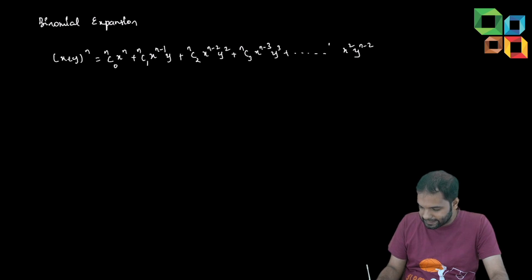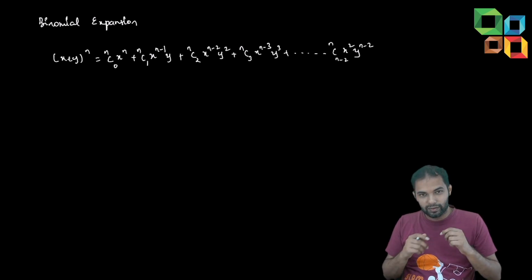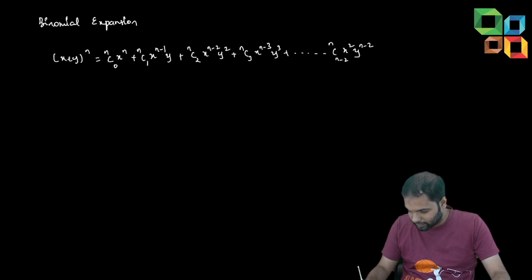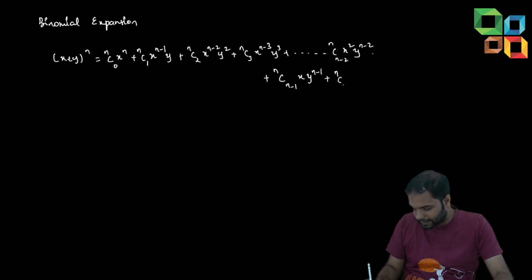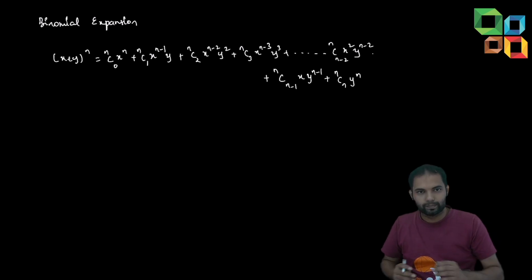It's nCn minus 2, because out of the n y's, I have to choose n minus 2. You can guess the next term. Next term, I'll write it down: nC(n minus 1) x into y power n minus 1. And the last term, nCn y power n.